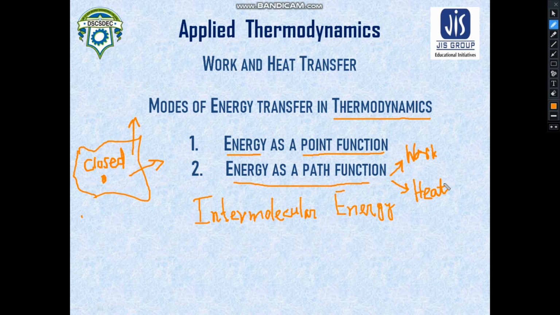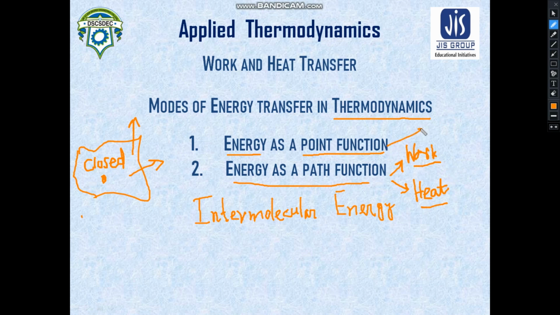There are numerous kinds of work transfer, but broadly, when the energy transfer takes place through the boundaries, there are two basic categories: work transfer and heat transfer. I hope you have understood it.